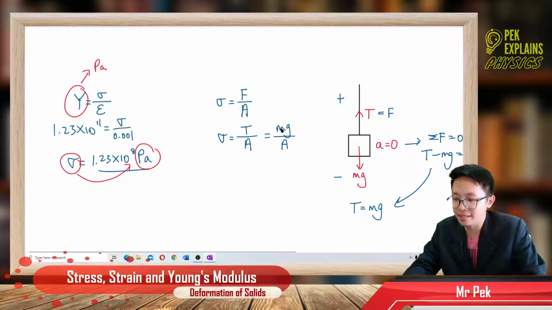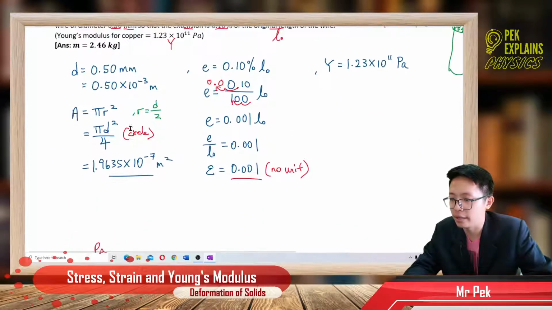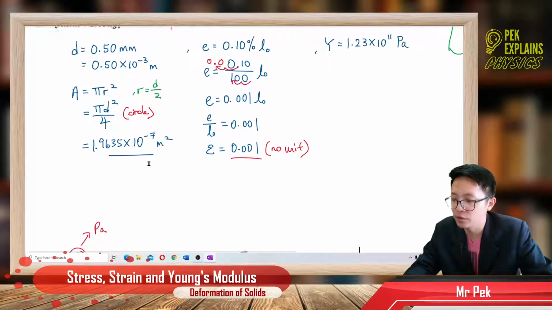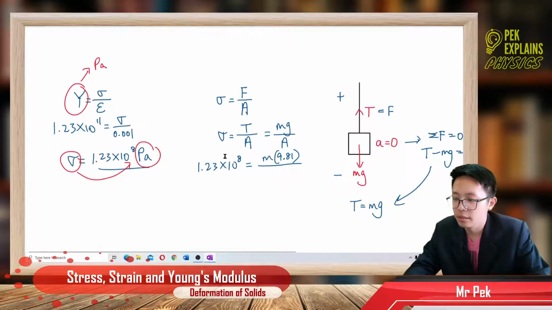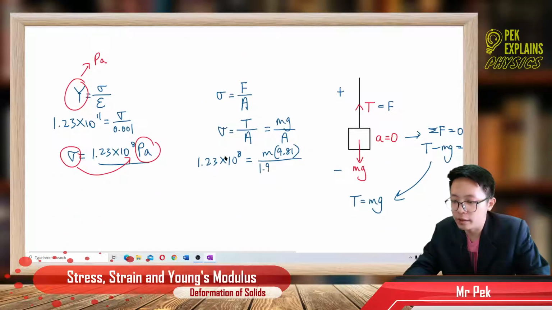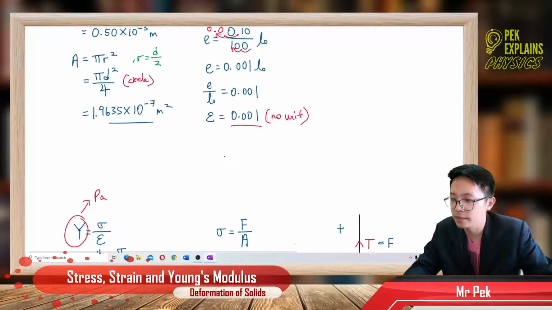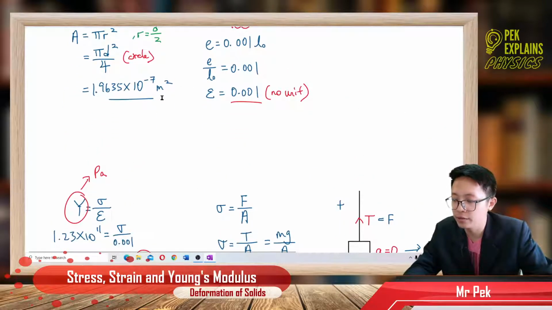Very easy, isn't it? So the stress is 1.23 exponent 8, and then mg, g is 9.81, and then the cross-section area just now, which is a circle, is 1.9635 exponent negative 7. Yeah, correct, SI unit.